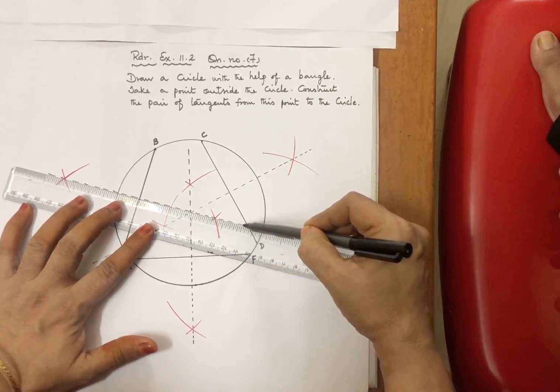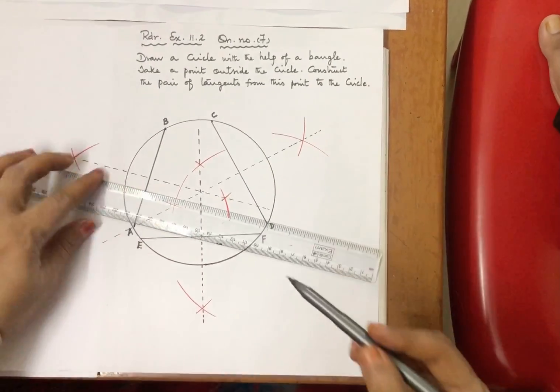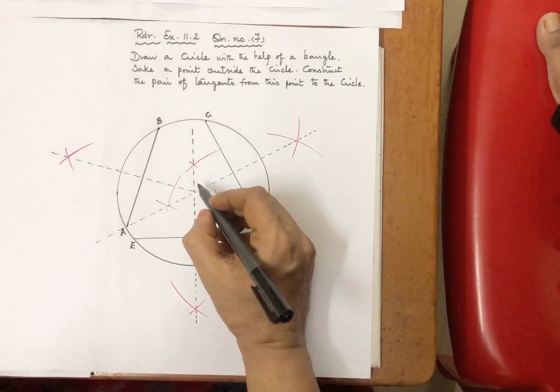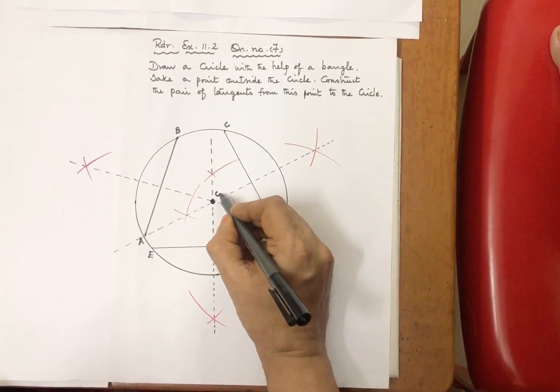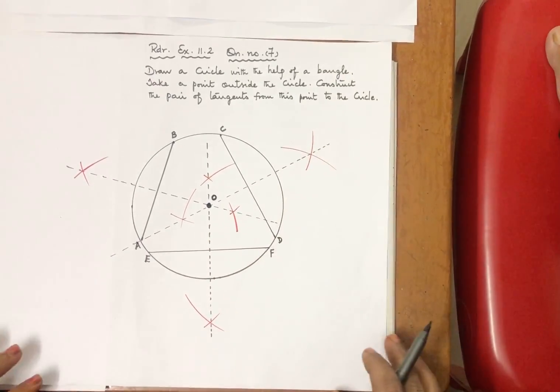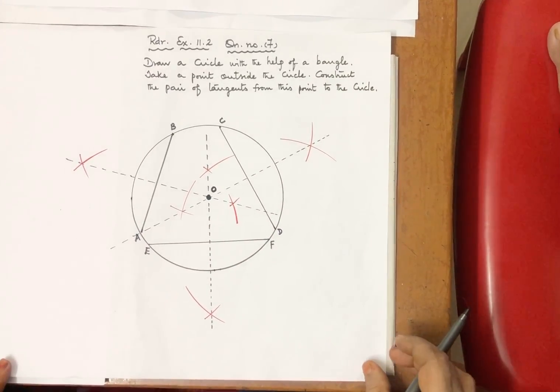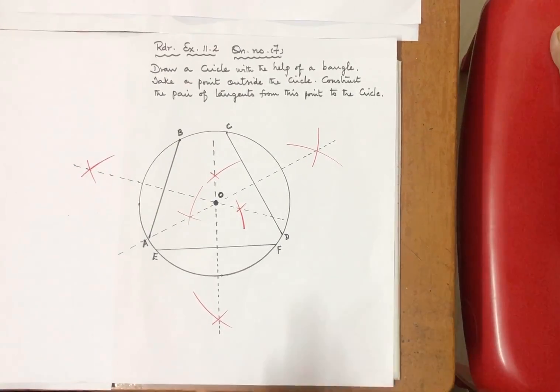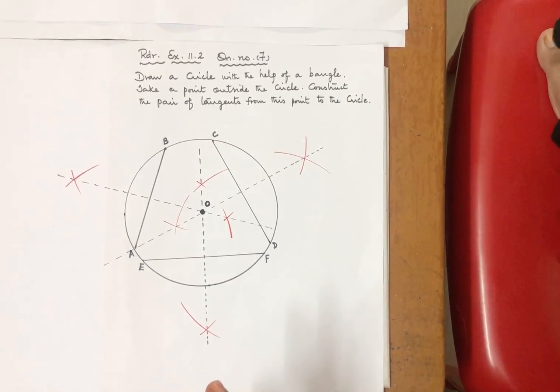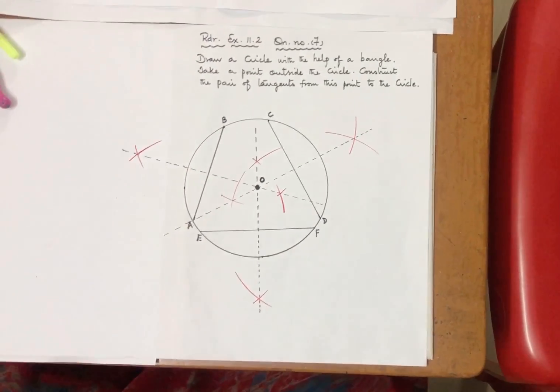Now all these three perpendicular bisectors meet at a point. This is your center. All perpendicular bisectors meet at a point, that is the center of the circle.